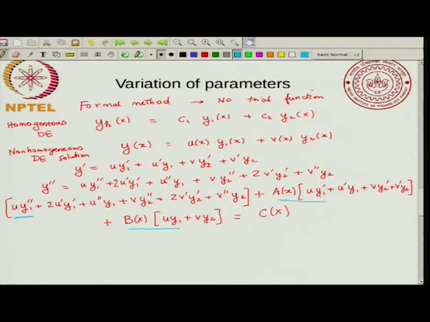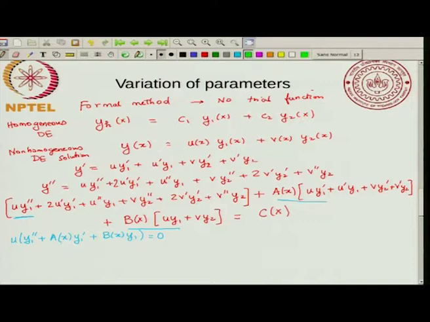These three terms are just u times y1 double prime plus a of x y1 prime plus b of x y1. The term in the bracket is equal to 0 because y1 satisfies the homogeneous equation, so these three terms add up to 0.